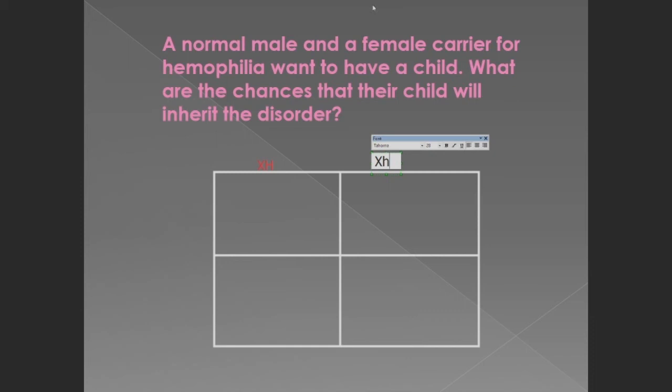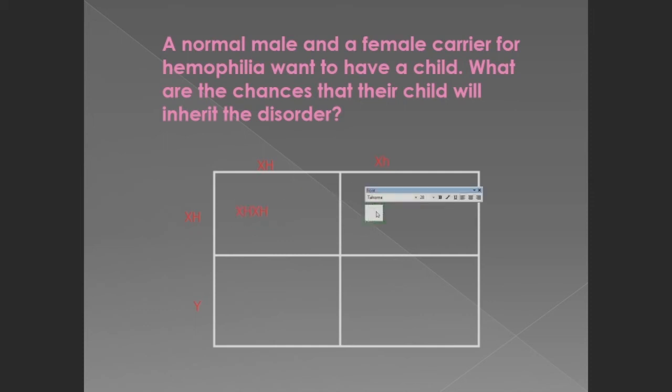Carriers always have that heterozygous genotype. We have a normal male. So let's come over here and do our normal male. He's once again going to have an X with a big H, and then being male, having a Y. So let's go ahead and fill out the boxes. X big H, X big H.